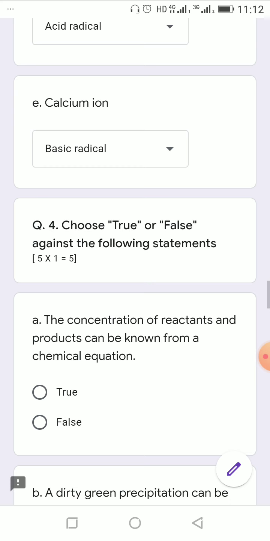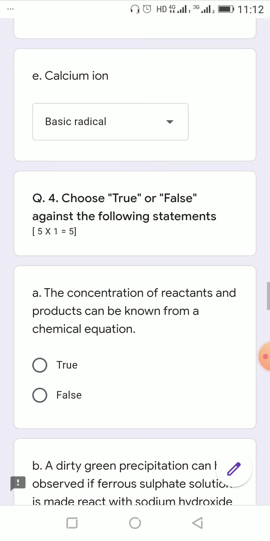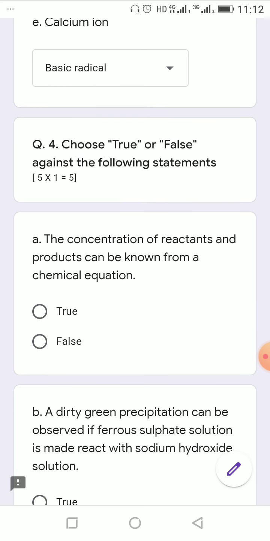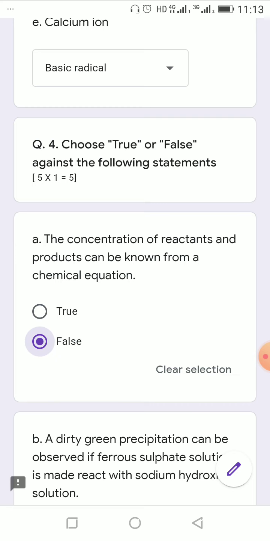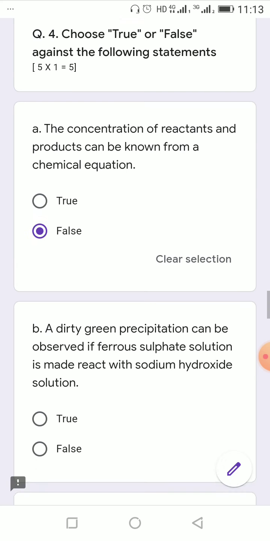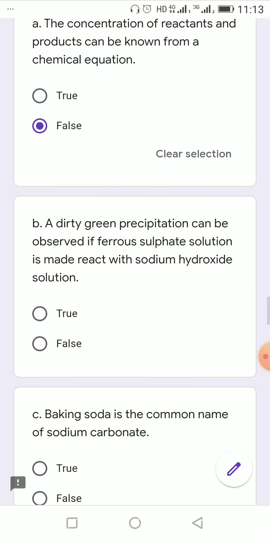Okay, next, choose true or false. Concentration of reactants and products can be known from a chemical equation. Concentration we can't get from a chemical equation, so this will be false. Next, dirty green precipitate can be observed if ferrous sulfate solution is made to react with sodium hydroxide solution.